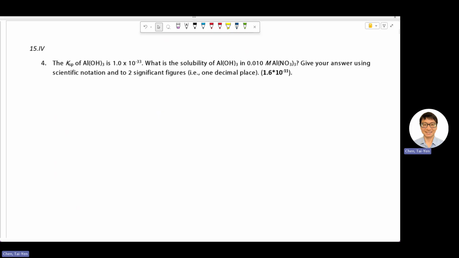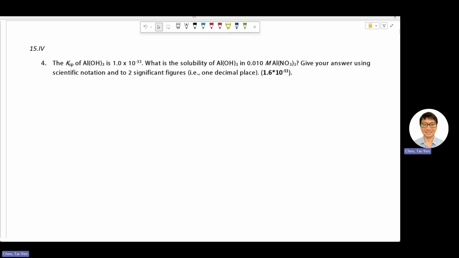Now let me ask you again, which one is my insoluble salt? Al(OH)3, very well. Then what's the other guy? It's a soluble salt, right? Because you don't have Ksp, therefore you can think there has to be a soluble salt. What do we mean by soluble salt? It's going to dissociate 100%, right?